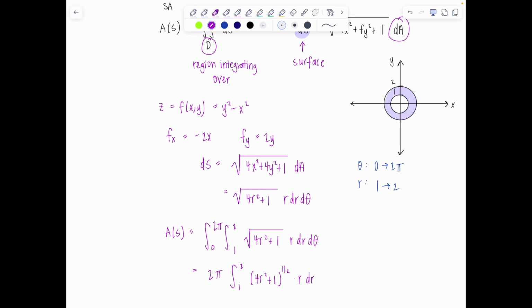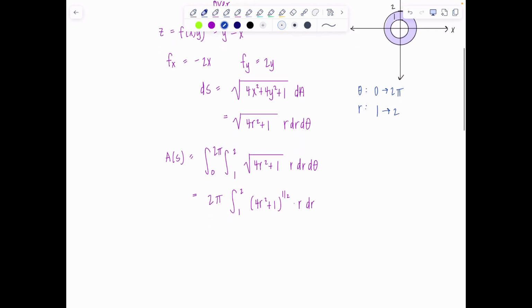If we let u be 4r squared plus 1, du would be 8r dr. I have r dr, I don't have the 8. So when I take the antiderivative, what am I going to pick up? 1/8.